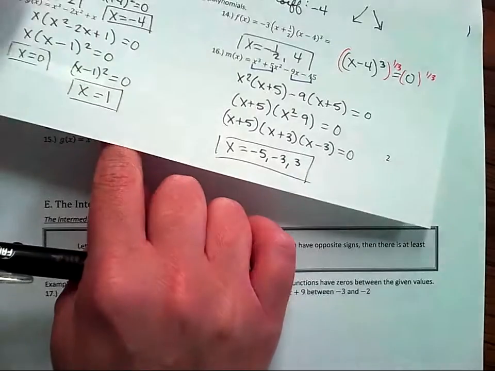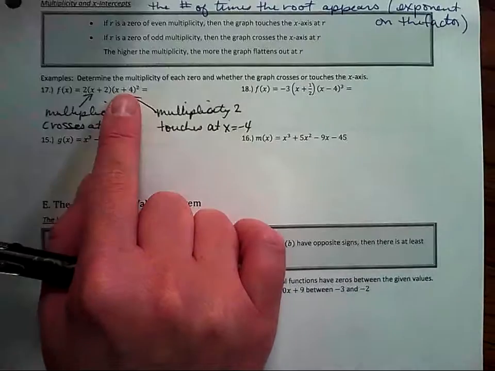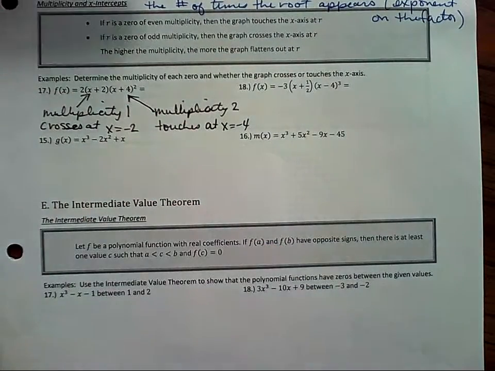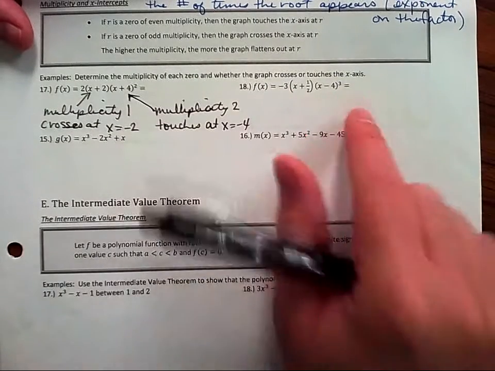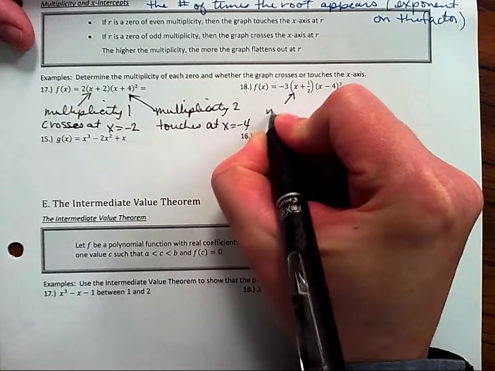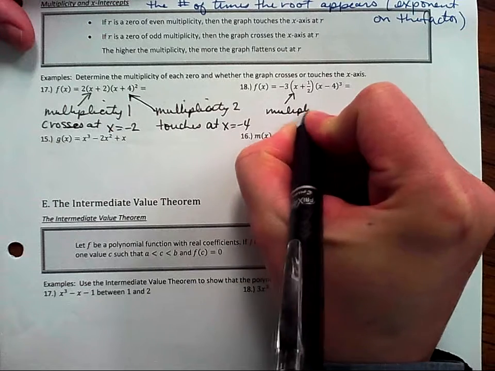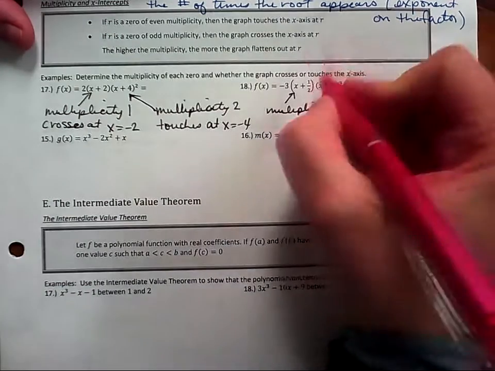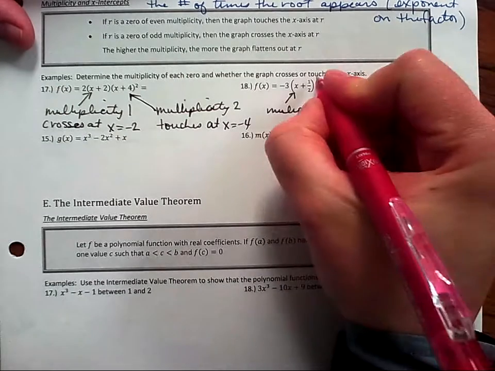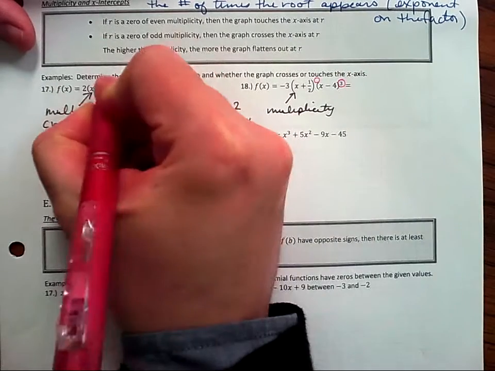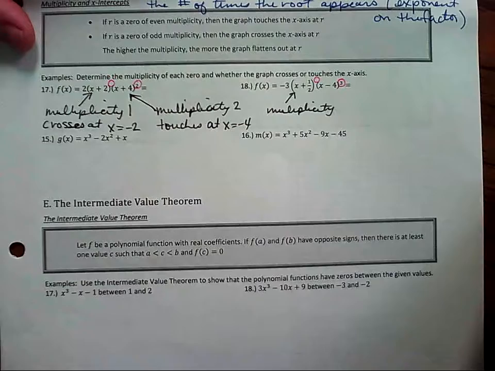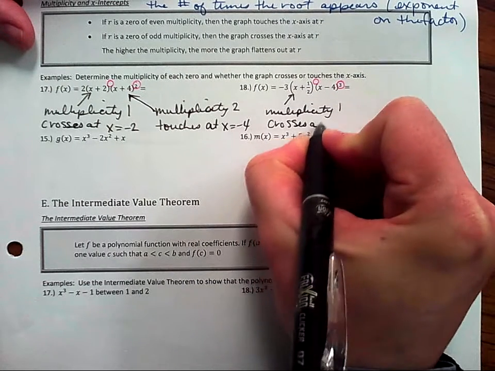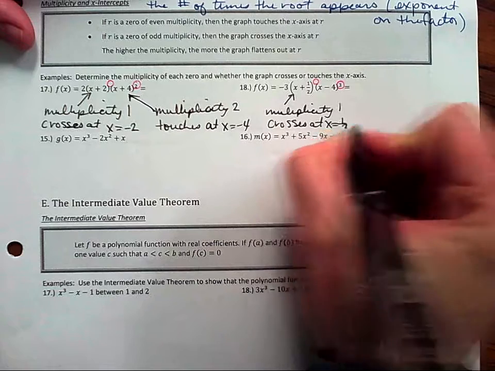And we already did these ones on the previous page, right? We found the roots here. Now we're talking about the multiplicity of the roots. What about here? Multiplicity 1. I'm just looking at the exponent on the factor, right? Multiplicity 1, so it crosses at x equals 1/2.